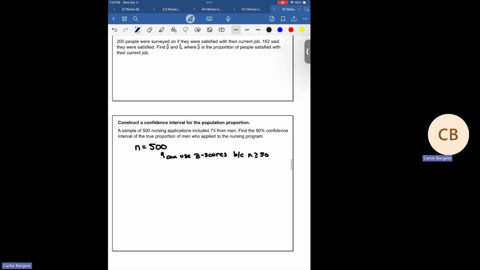What is the z-score that is associated with a 90% confidence interval? Does anyone know that off the top of their heads? 1.64. How would we calculate that if we didn't know it off the top of our heads? Inverse norm.